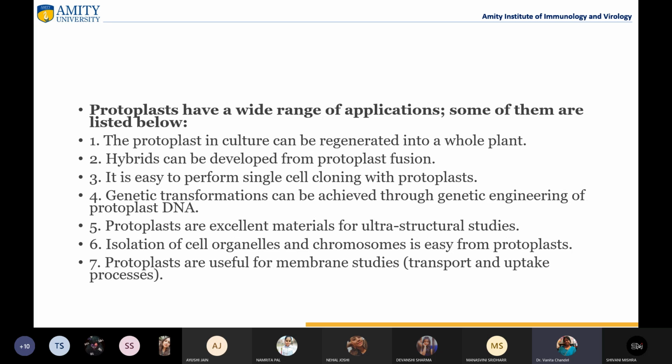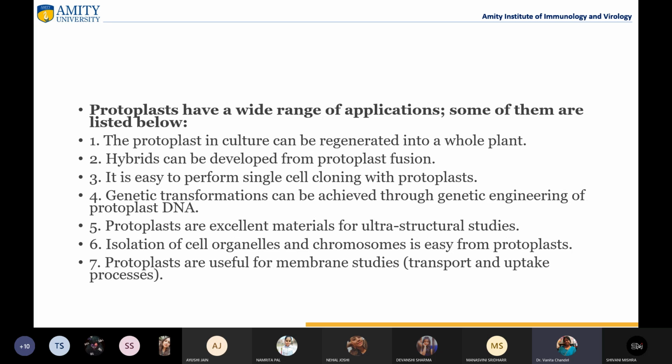For example, definitely, we can regenerate whole plants from the protoplast. We can go for the production of hybrid plants from the protoplast fusion type, and hybrid plants can have the desirable characteristics of both the parents. So it depends upon us. We need to choose the parents wisely, and then we get a hybrid plant where the characteristics of both the parents are incorporated.